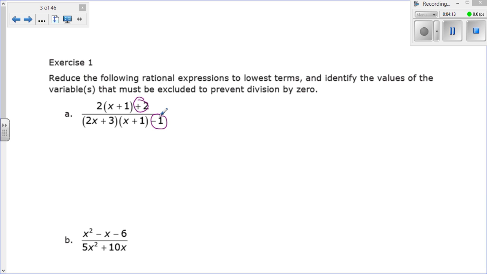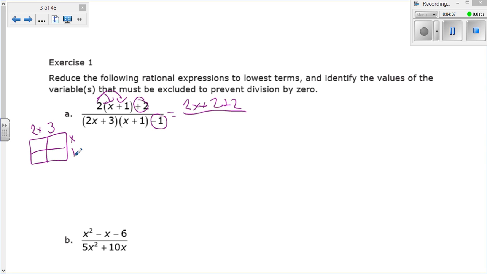So what I'm going to do is just multiply. So I'm going to have 2x plus 2 plus 2 in the numerator. And in the bottom, if you need to, you can go off to the side and do your box method: 2x and 3 and x and 1.